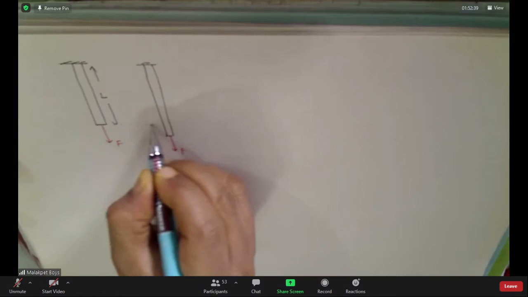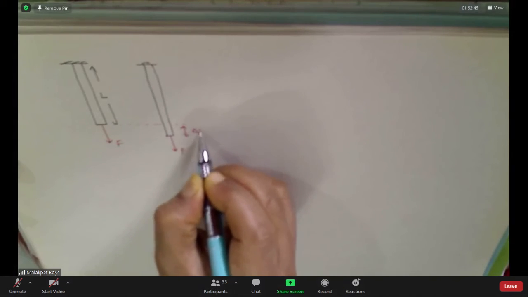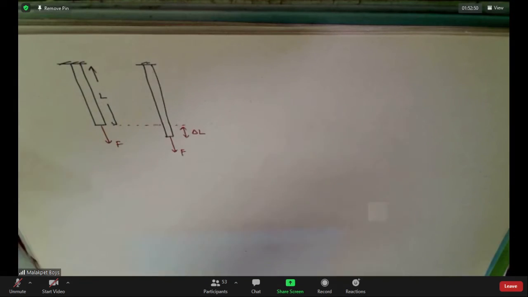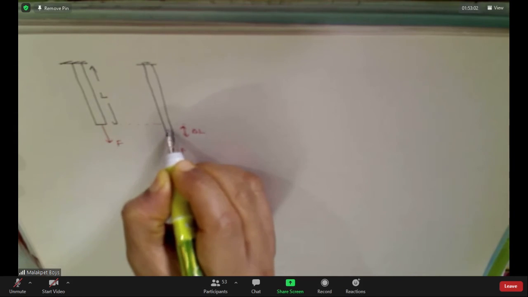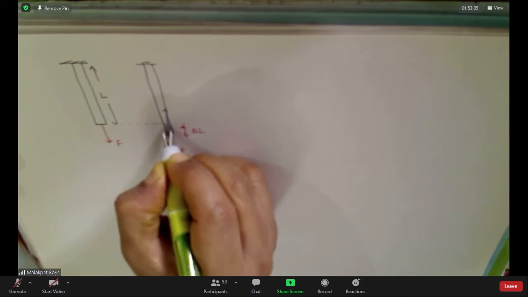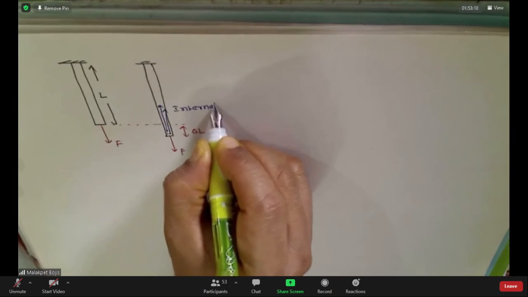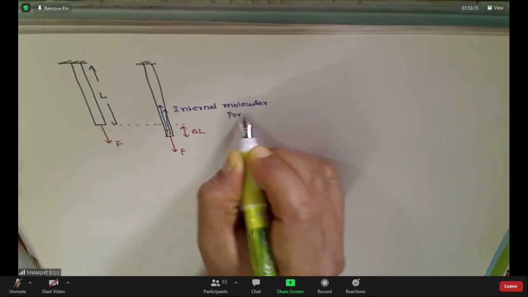Now there is an increase in length, no? Do you agree with this? Now this is the external force. Whenever you are applying a force here, internal forces come from the molecules, no? They won't allow it, they will try to resist. These are the internal forces, molecular forces.